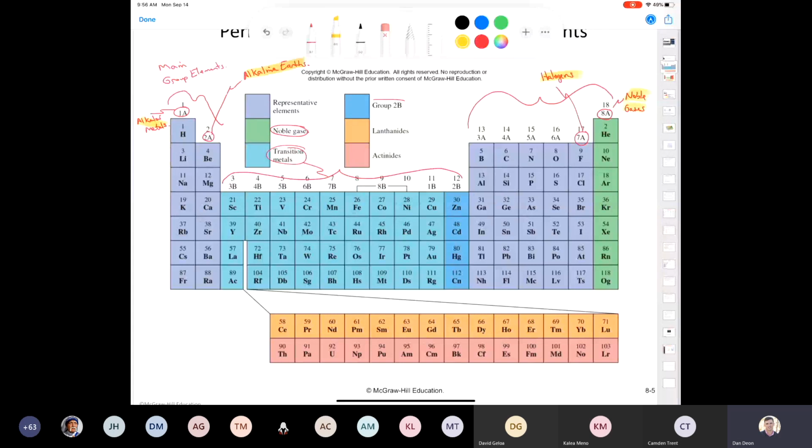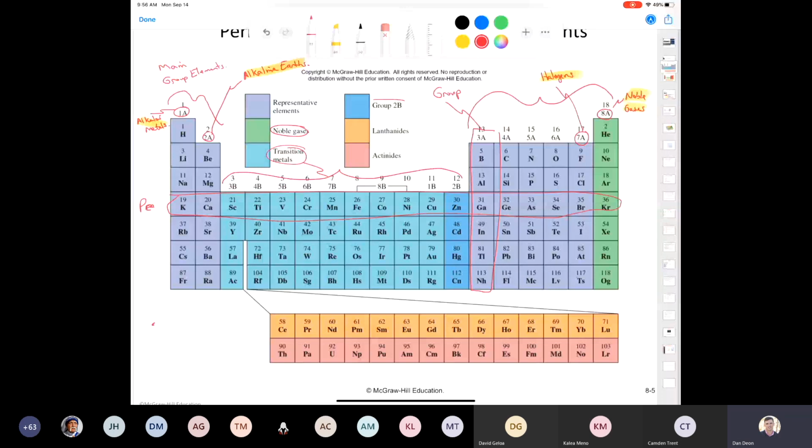Let me also remind you that any vertical column in the periodic table, we call a group, or sometimes we call it a family. When we have a horizontal row like this, we call this a period.